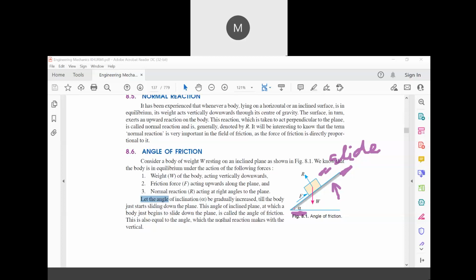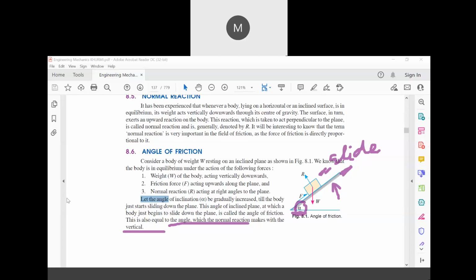It is generally denoted by alpha. It is also equal to the angle which the normal reaction makes with the resultant reaction.